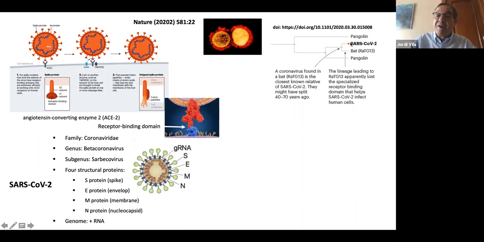It is very closely related to SARS-CoV-2. So probably the origin of the virus is the bat, and probably there is a link between bat and human. There is an intermediate, which is probably another animal, maybe a pangolin or another type of animal that has not been described or discovered yet.